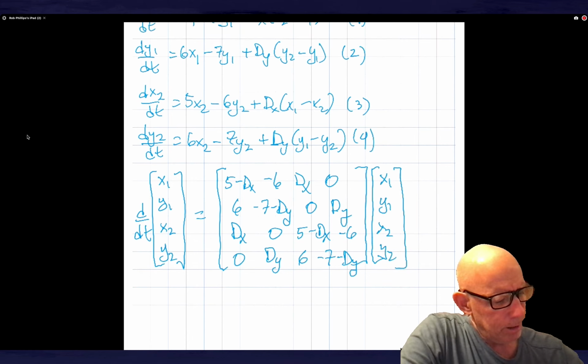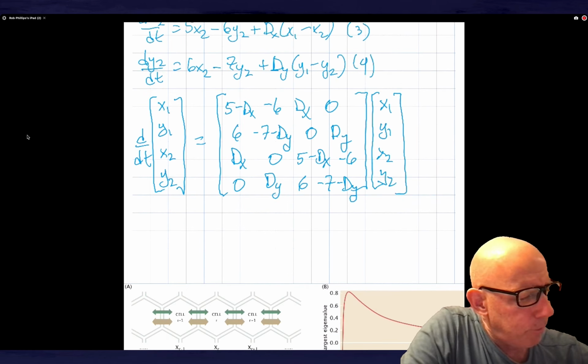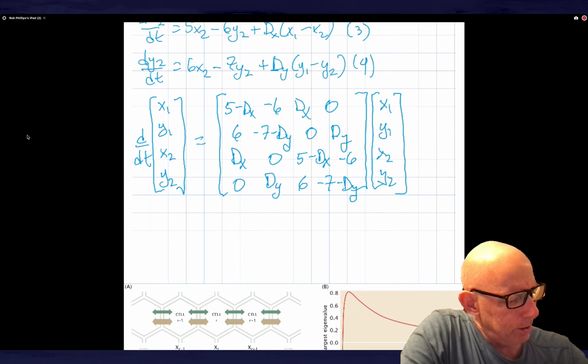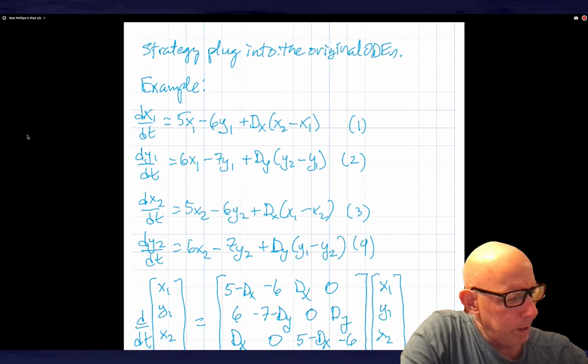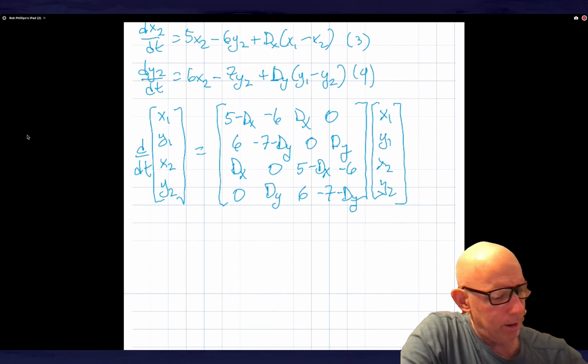Okay. So here is our 4x4 system. And we once again want to know whether or not this thing is stable, so we take a trial solution.